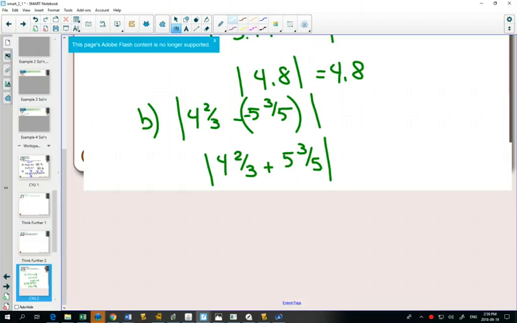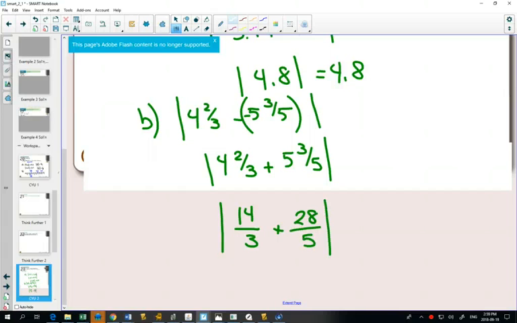How would you add those numbers together? What were your techniques that you learned back in grade 9 for adding fractions? Yes? 4 times 3 would be 12 plus the 2 would be 14 over 3. Okay, so you want to change this into an improper fraction, and this one will be 25 plus 3, 28 over 5.